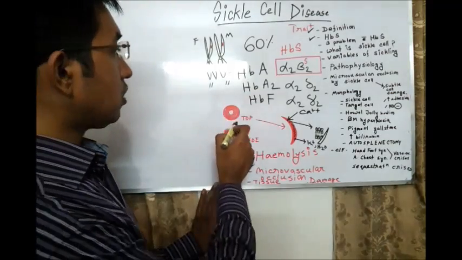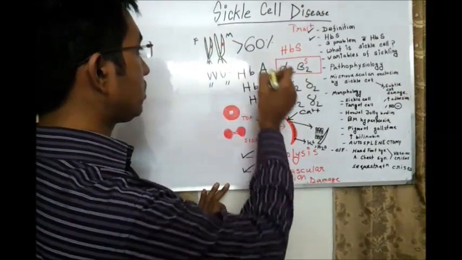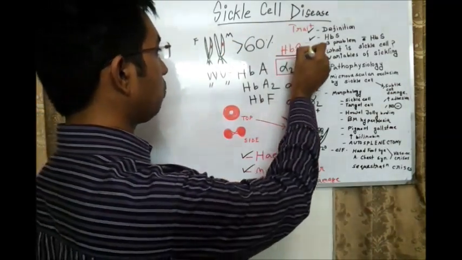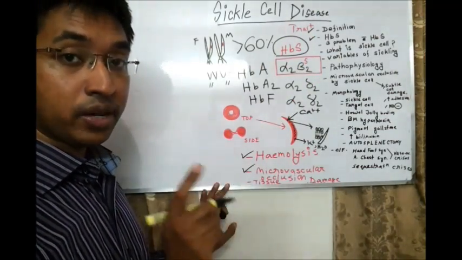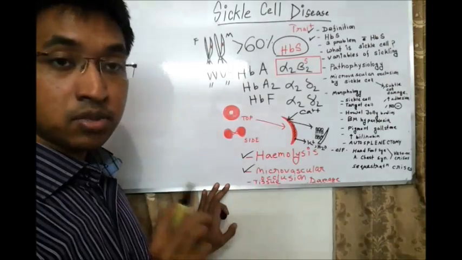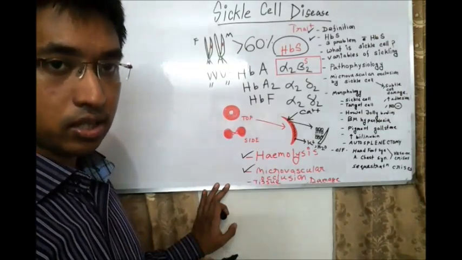Whenever an RBC contains more than 60% hemoglobin S, that is the time when that specific RBC will become sickle cell when deoxygenated.